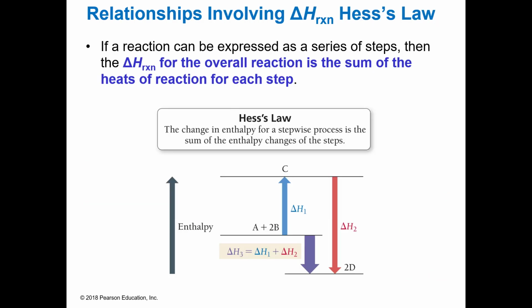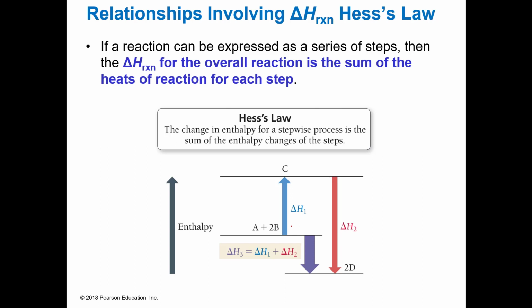Now, if a reaction can be expressed in a series of steps, and most of them can, you probably learned by now that it's not just one step in a reaction. Usually you've got at least a couple of steps, often more than that. And so the delta H for the entire reaction is the overall sum of the delta H for each of those individual reactions.